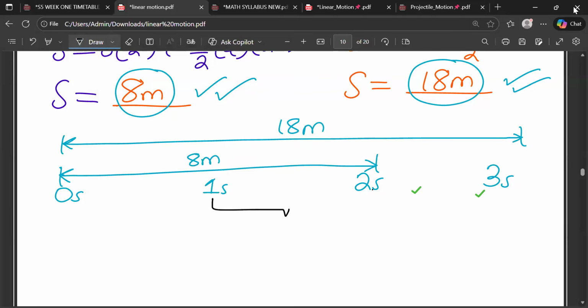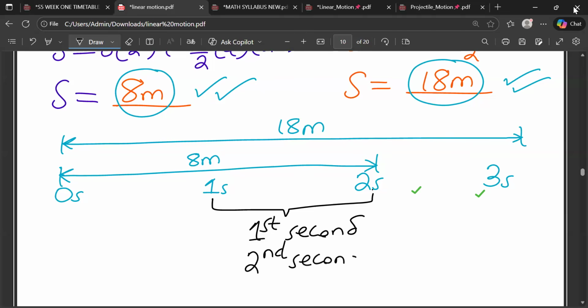So I want to ask people a certain question. Are you seeing from this period to that period? From 1 second to 2 seconds. Is it the first second or the second second? I've said 8 meters were covered by 2 seconds. Then 18 meters were covered in 3 seconds. But I'm asking this one from 1 second to 2 seconds.